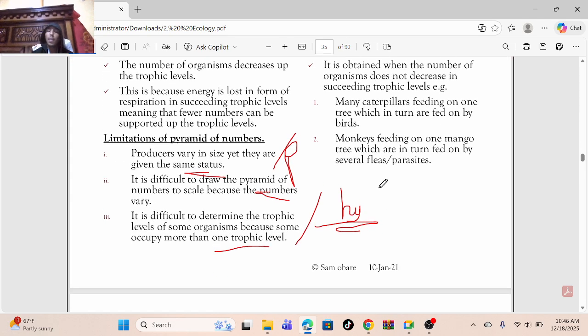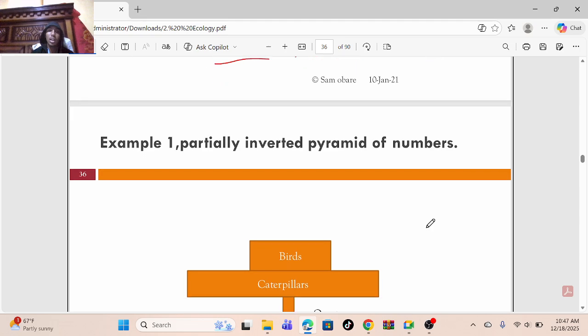So for example, angalia kama trees ni moja, caterpillars ni wengi, then these caterpillars are fed by the birds, so inakuwa inverted hivi, so that's known as inverted pyramid.